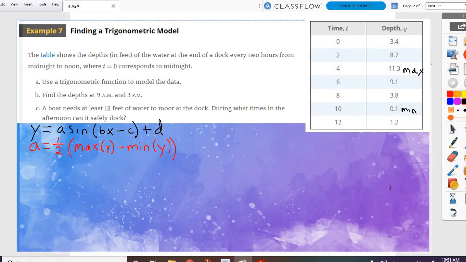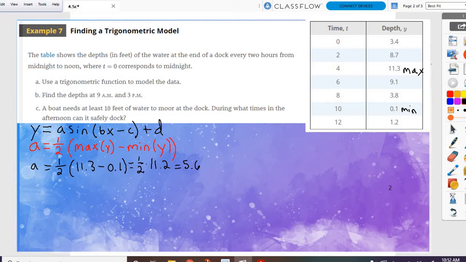So plugging into this equation for this specific problem, we get 1/2 times our maximum value, which is 11.3, minus our minimum value, which is 0.1. So we have 1/2 times 11.2, and then 11.2 times 1/2 is going to give us 5.6.